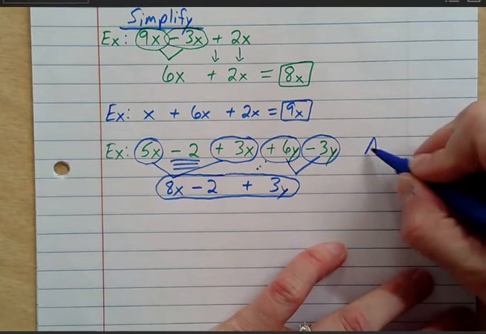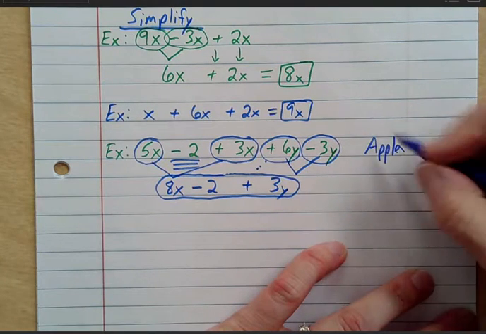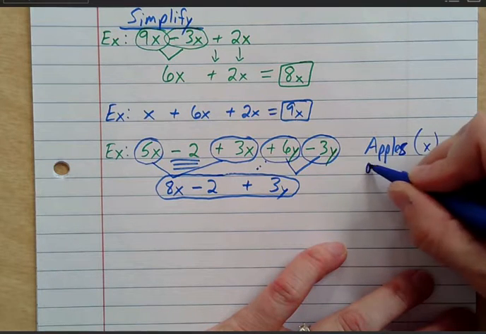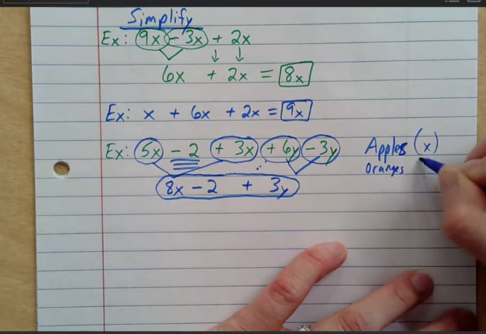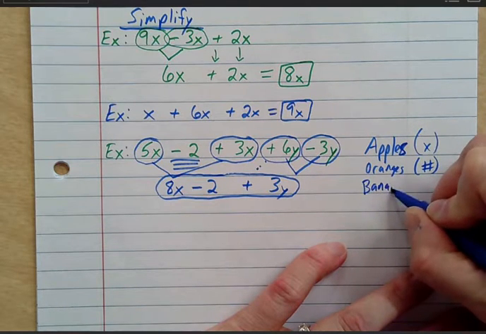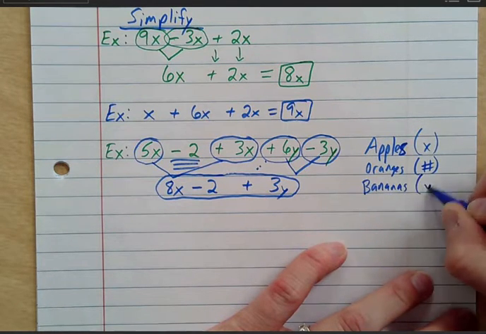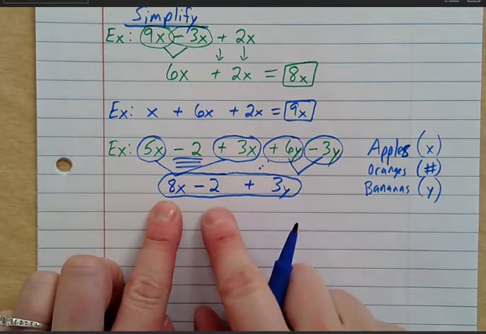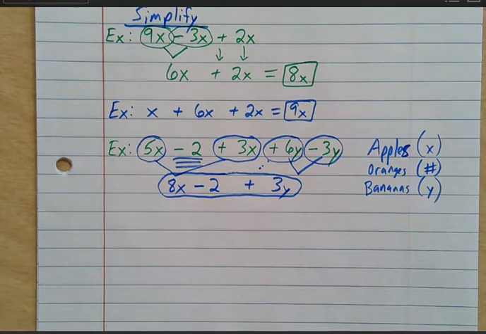So if you wanted to write it out to the side, your apples, that's what we used for x. Your oranges we used for just your numbers, and then we called them bananas. And that was your y's. So you can combine the three terms, and that's it. You can't combine these any further because these are all separate terms.